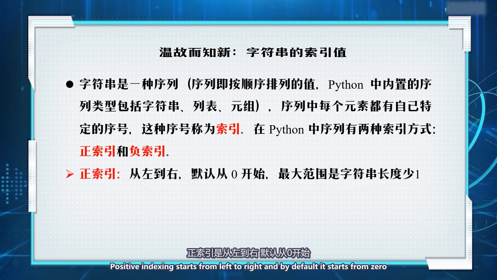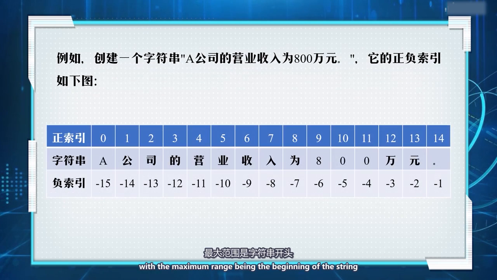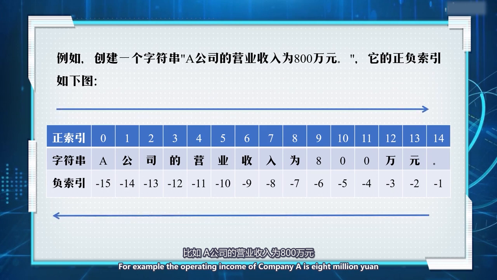Positive indexing starts from left to right, and by default, it starts from 0, with the maximum range being the length of the string -1. Negative indexing starts from right to left, and by default, it starts from -1, with the maximum range being the beginning of the string.